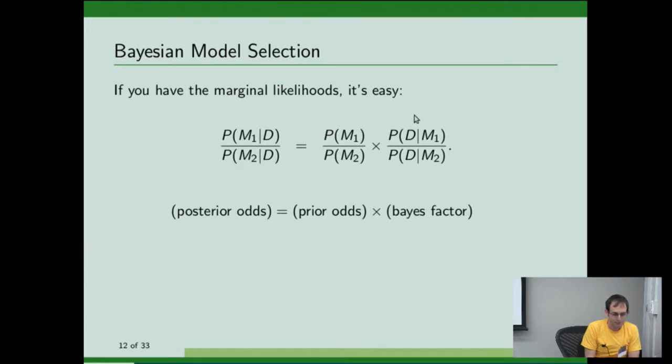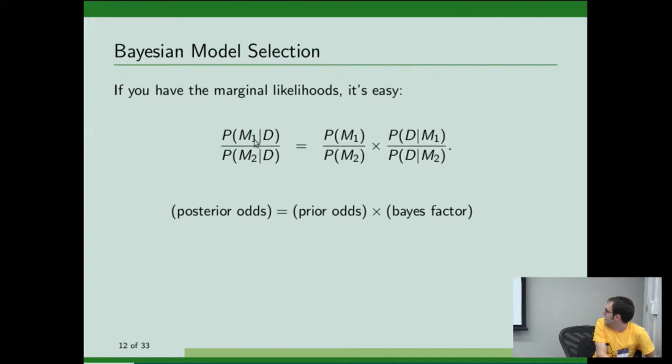You can do what's called Bayesian model selection, which is really you can just calculate the posterior probabilities of model 1 and model 2, or their ratio. And we had a little bit of a discussion with Phil's presentation about terminology. This ratio of marginal likelihoods is called the Bayes factor.